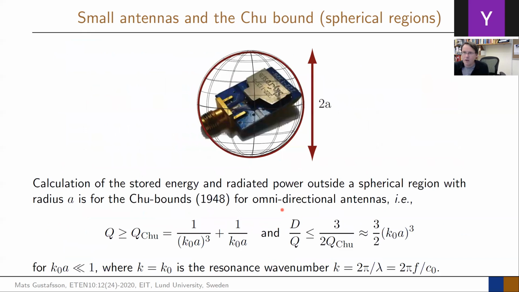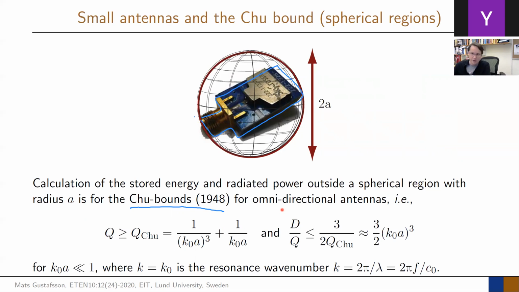And then to get the basic understanding of this, it goes back to something 70 years ago now, which is some results by Chu, and the Chu bound in these cases fundamentally says what is the price of shrinking your antenna. So if you have your antenna here, you try to design it, you have to take everything that's included in the antenna, because every radiating part will basically radiate.